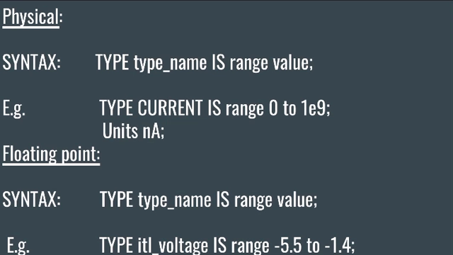These come under physical data types. Here I mentioned the syntax and also the example for the physical. And next we have floating point. It has a set of values in a given range of real numbers. Here I also gave the syntax and an example for the floating point.